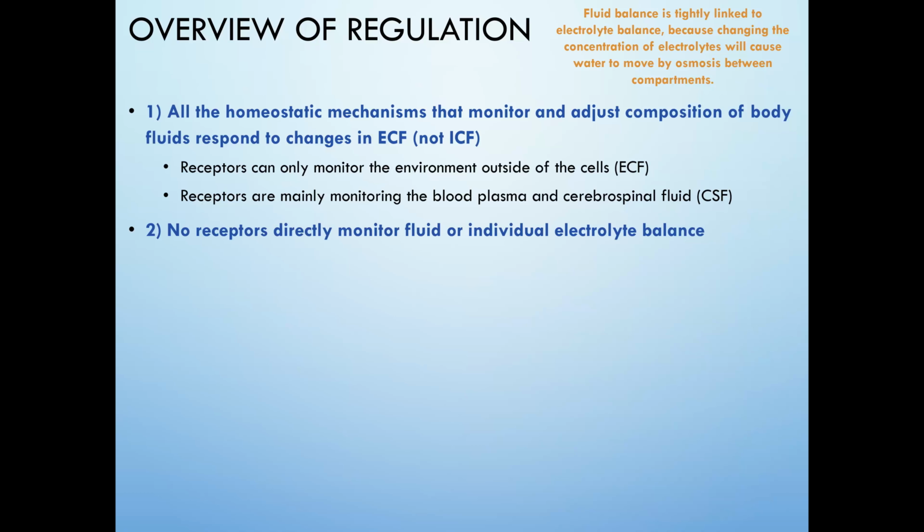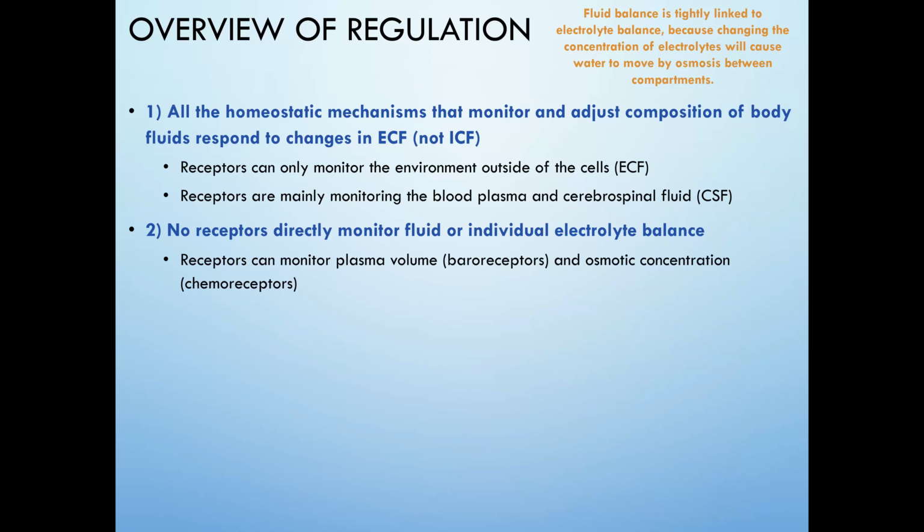The second principle is that there are no receptors that directly monitor fluid or individual electrolyte balance. So there are no water receptors or individual electrolyte receptors. Receptors instead monitor plasma volume. These are like the baroreceptors that can sense when the blood vessels are stretching.